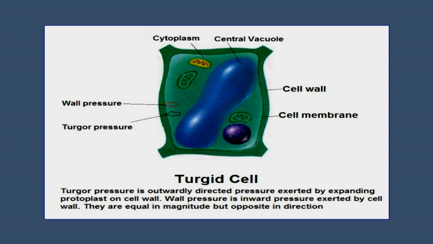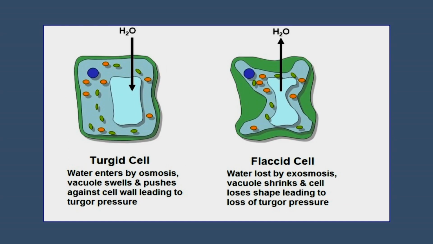The turgor pressure is directed outward, exerted by the expanding protoplast on the cell wall. It is equal in magnitude but opposite in direction to the inward pressure called wall pressure, which is exerted by the cell wall. A cell experiencing turgor pressure is said to be turgid. A cell that experiences water loss to the point where turgor pressure is reduced to 0 is said to be flaccid.